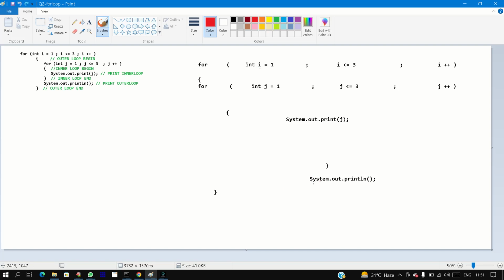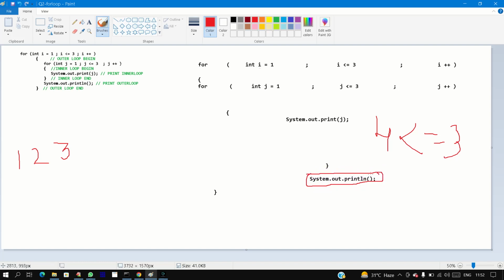Now just try to understand. We have completed with 1, 2 and 3. Because 4 less than or equal to 3 is false, we are coming out of the inner loop, and we will be printing what the outer loop is guiding us to print.